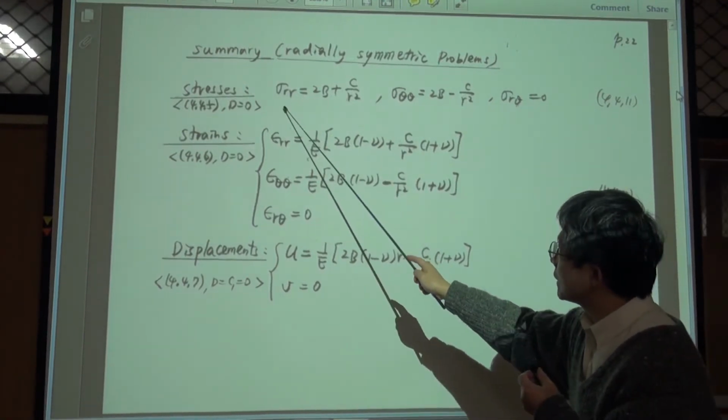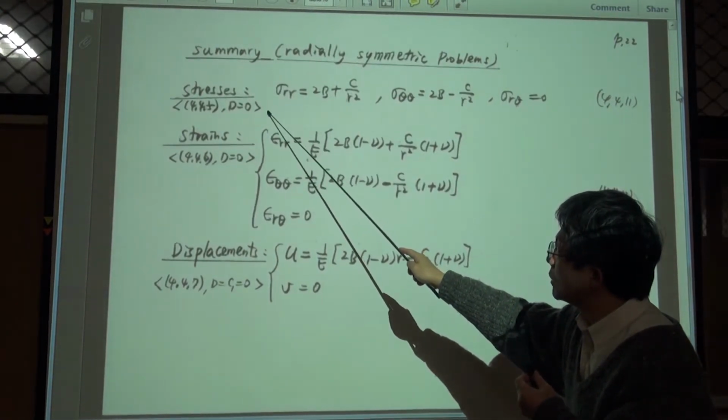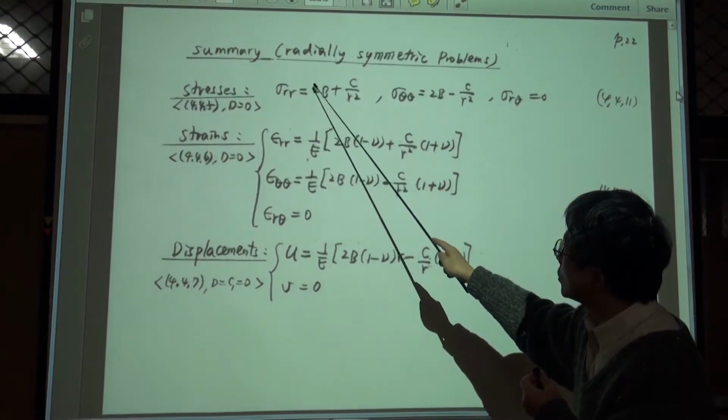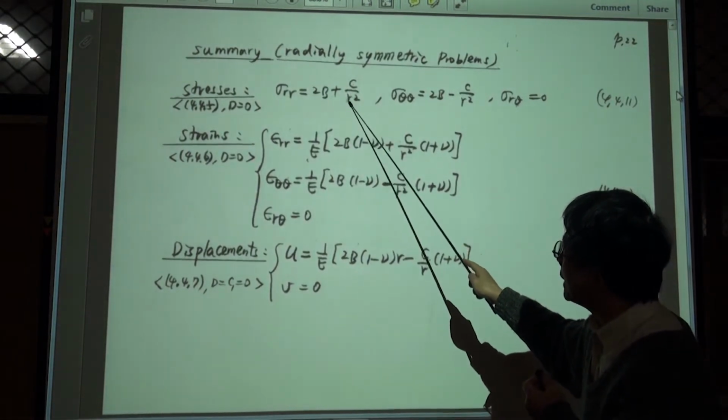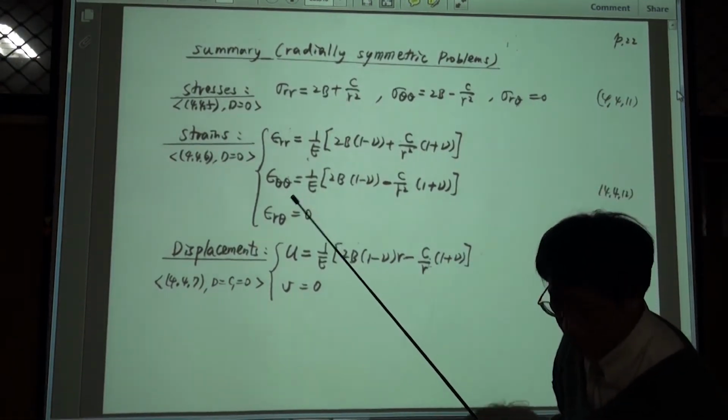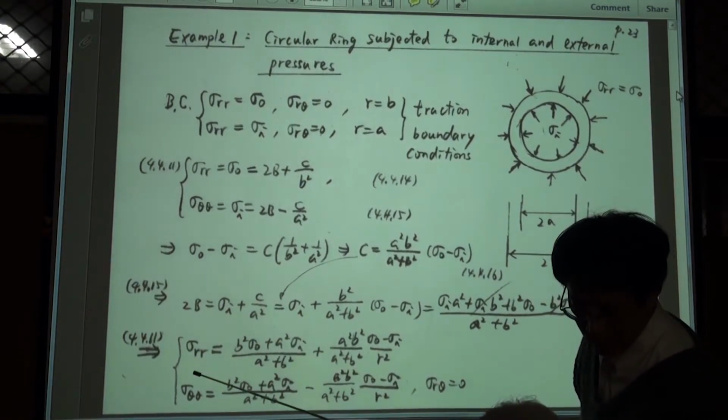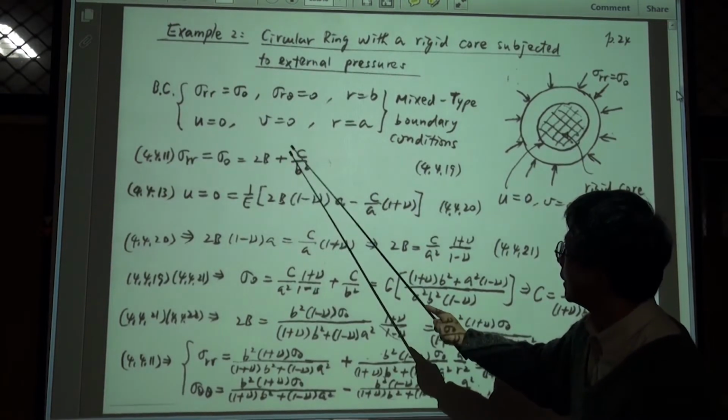If you put it like this, sigma r equals sigma 0 equals 2b plus c over b squared, then you get the first boundary condition here.